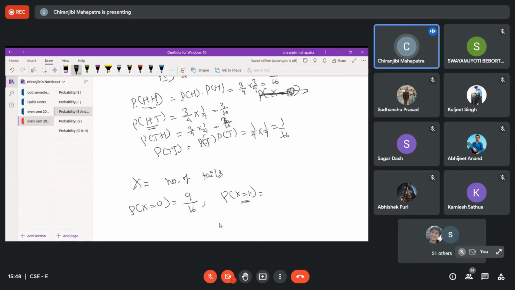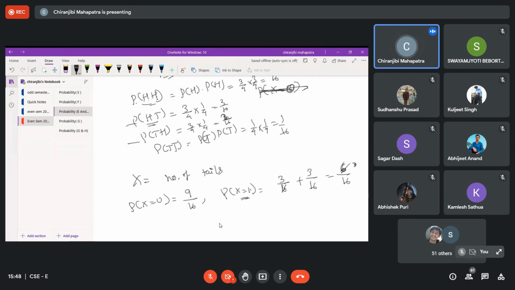So this will be 3/16 plus 3/16, because these are two events, so 3/16 plus 3/16 is 6/16.